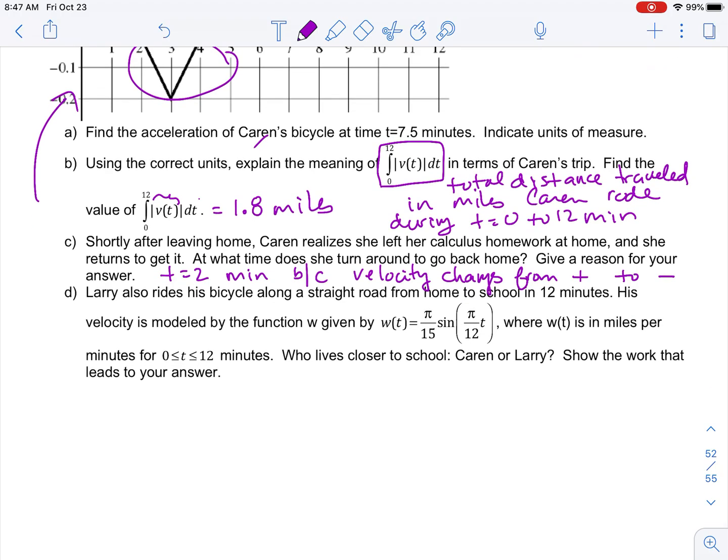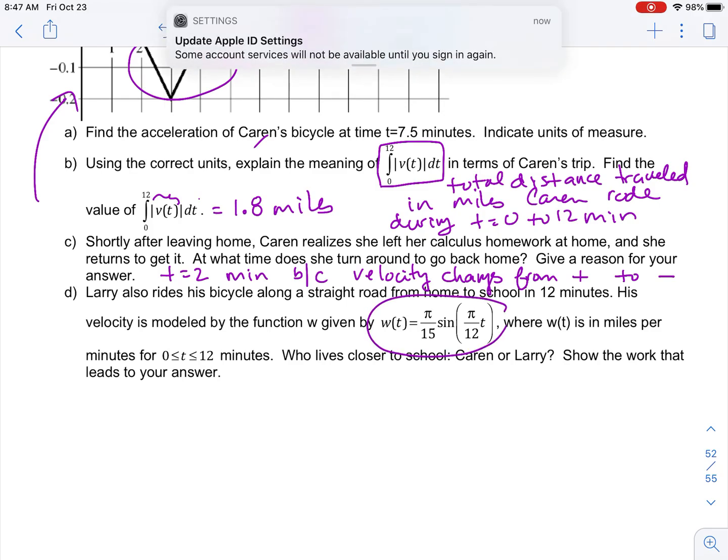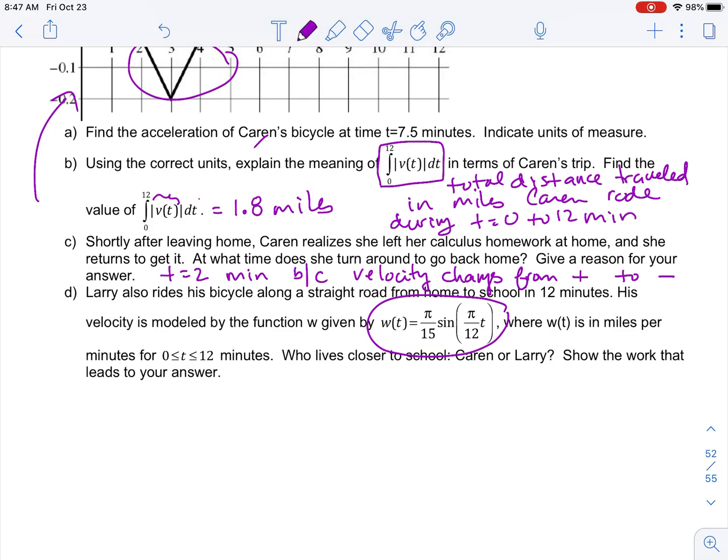Okay, lastly, part D. Larry also rides his bicycle along a straight road from home to school in 12 minutes. But his velocity is given by this equation, where w(t) is miles per minute. Who lives closer to school, Karen or Larry? So we would need to figure out what's their distance from home.